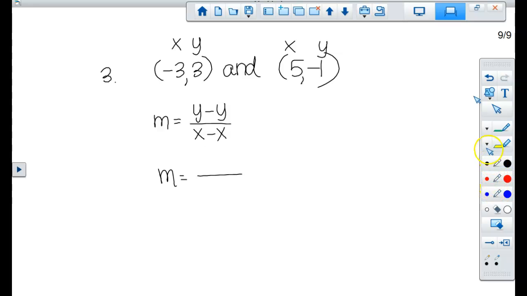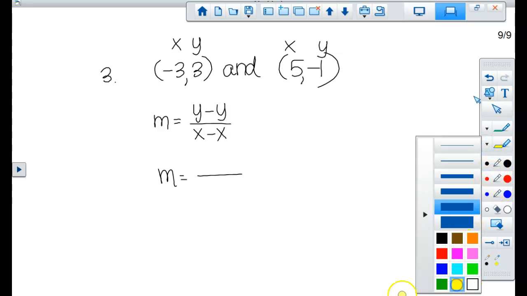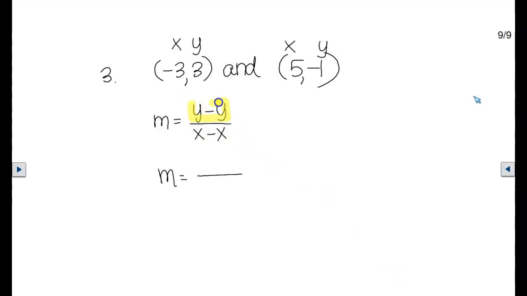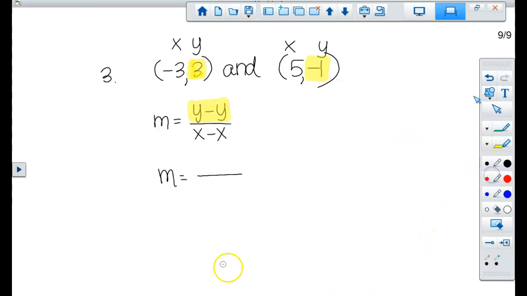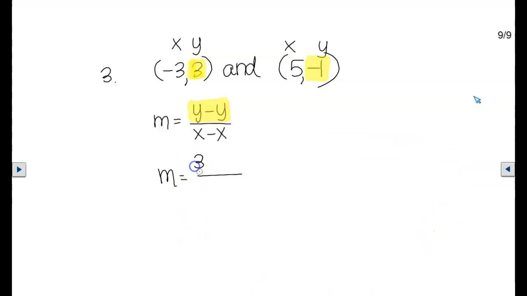All right, so we start out in our formula with y minus y. We have 3 and negative 1 as our y values. So remember, we are going to subtract. We are going to do 3 minus a negative 1. You need both of those signs. The minus comes from the formula, the negative comes along with the 1.